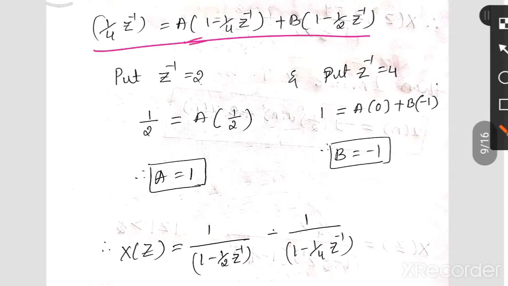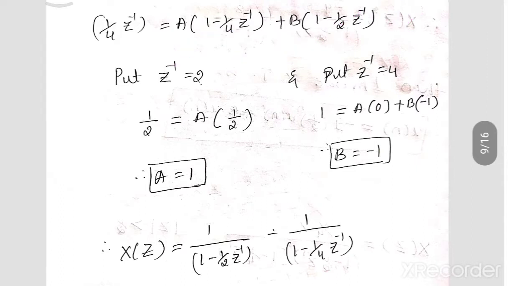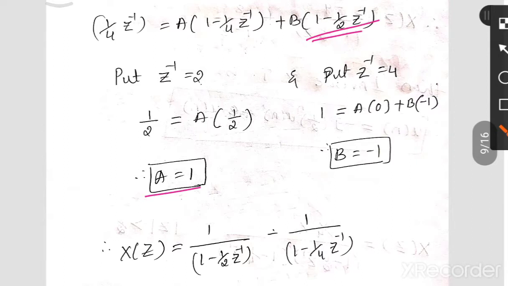To get the A value, we have to make the B term equal to 0. To get the B value, the A term has to be 0. Let's make B equal to 0 first so that we get A. To make B equal to 0, put z inverse equal to 2, so that this B term becomes 0.